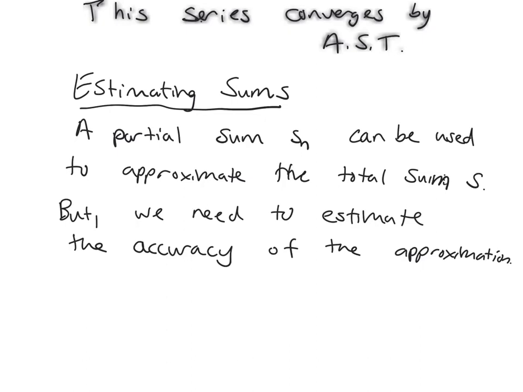So what I'm talking about is error, how far off we are from the total sum. Well, that's just going to be what I call R sub n. The R stands for remainder. It's the difference of S minus S sub n. Okay? It's how far off you are from the total sum.